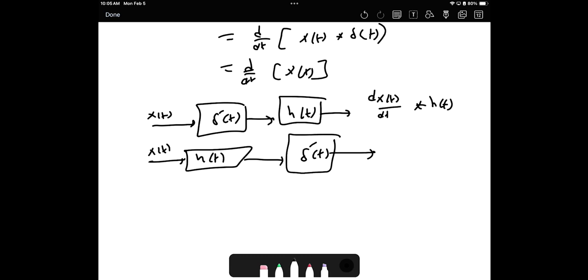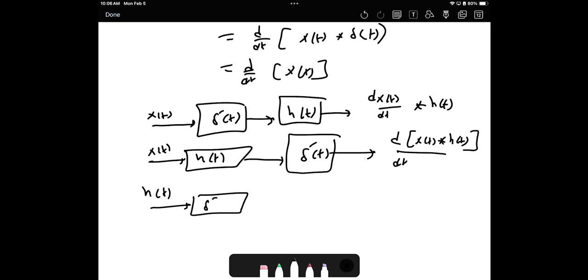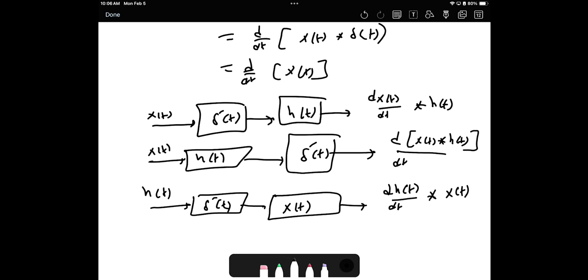Here the first thing is x of t convolved with h, then do the derivative, so it will be d by dt of x of t convolved with h of t. Or whenever we have h of t, then delta prime of t, then x of t, this is equal to dh of t by dt convolved with x of t.